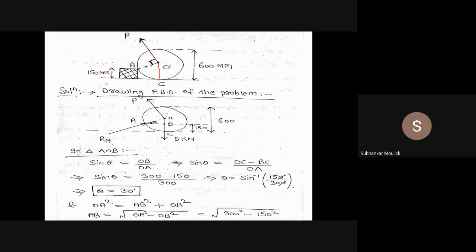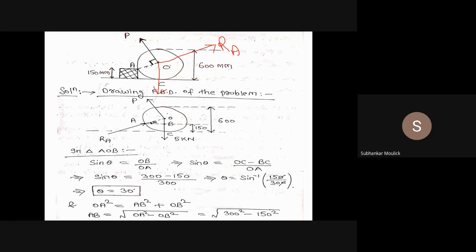One force is this 5 kilonewton weight of the wheel, another force is this P, and the third force is this RA. If I know the angle between all the forces, then by Lami's theorem we can find the value of RA, or else we can use the equations of equilibrium.